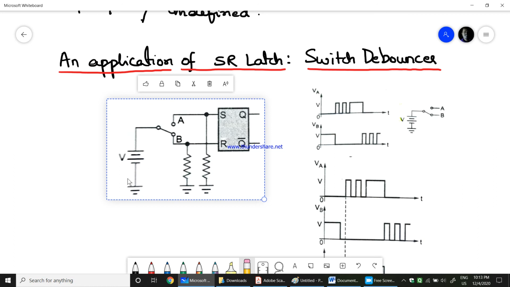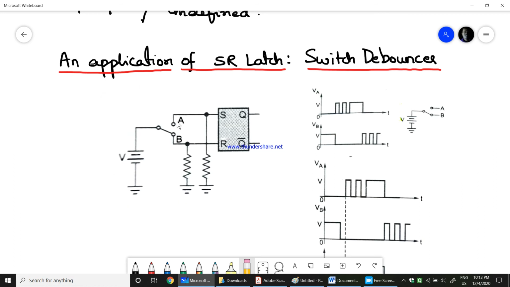As you can see in this diagram, an SR latch is connected to this A and B of the switch. S is connected to the A of the switch, B is connected to the R of the latch. So now A and B are not directly connected to the switch. A and B are connected through the SR latch.